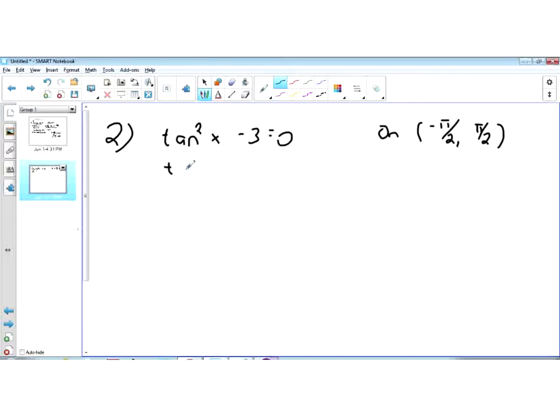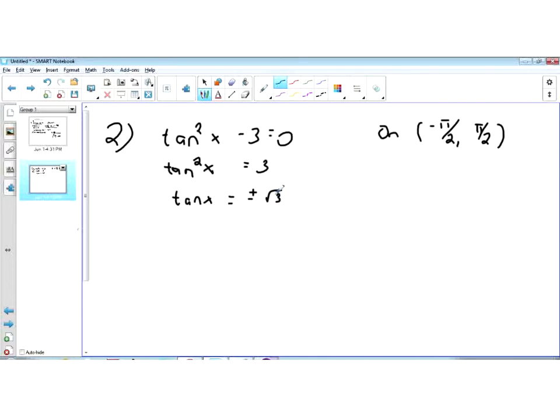So let's say tangent squared x is equal to 3, and then tan x is equal to plus or minus the square root of 3.